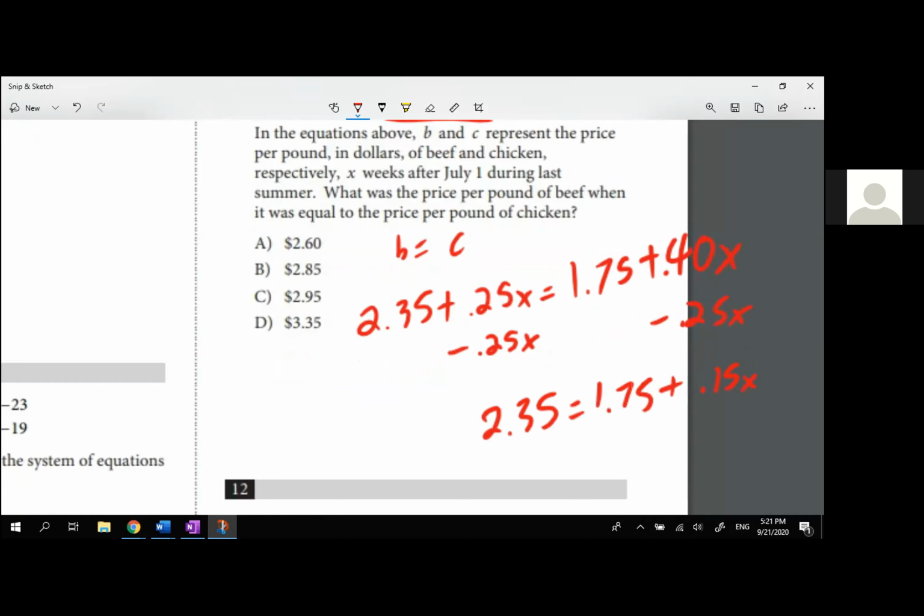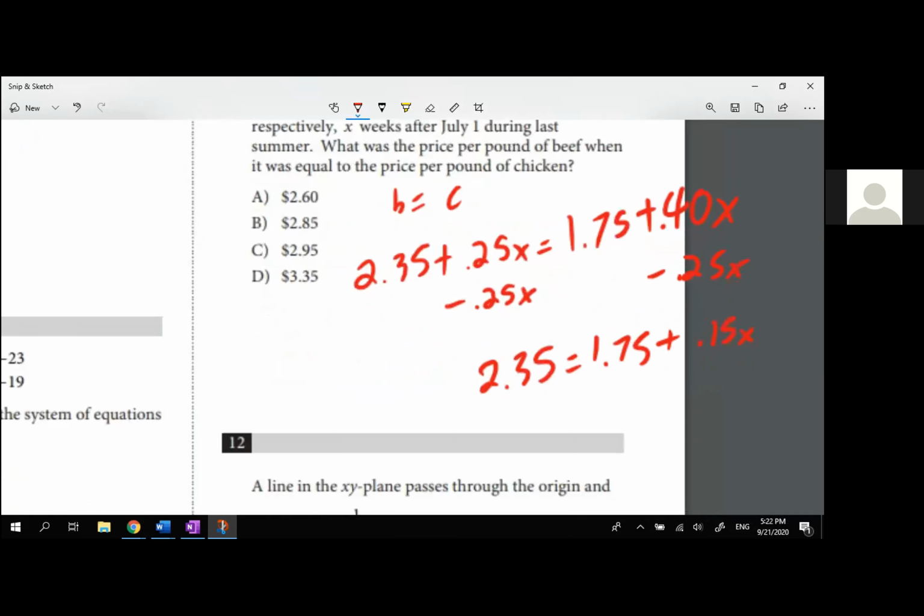So at this point, all we got to do to solve for x is subtract the numbers, and that'll be 2.35 minus 1.75, which I kind of flubbed on the math here. I believe that's 0.6. So it's 0.6 equals 0.15x.